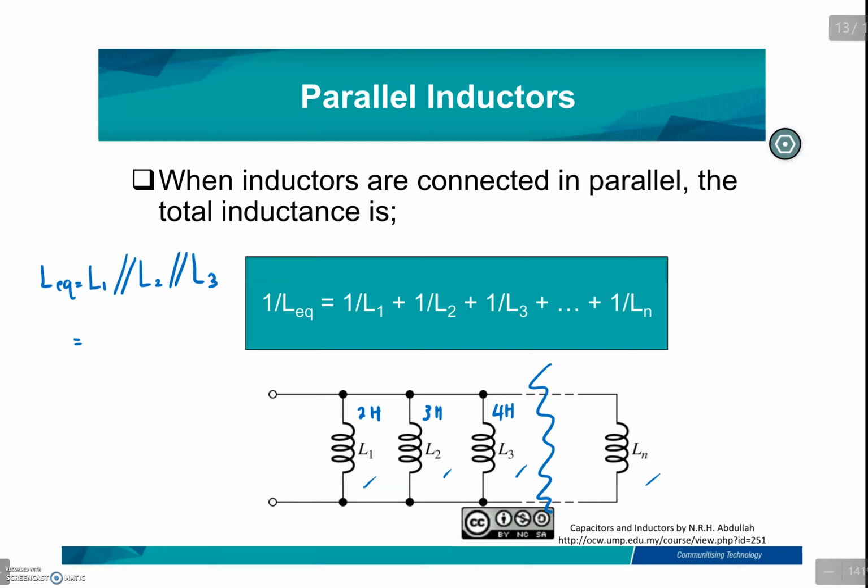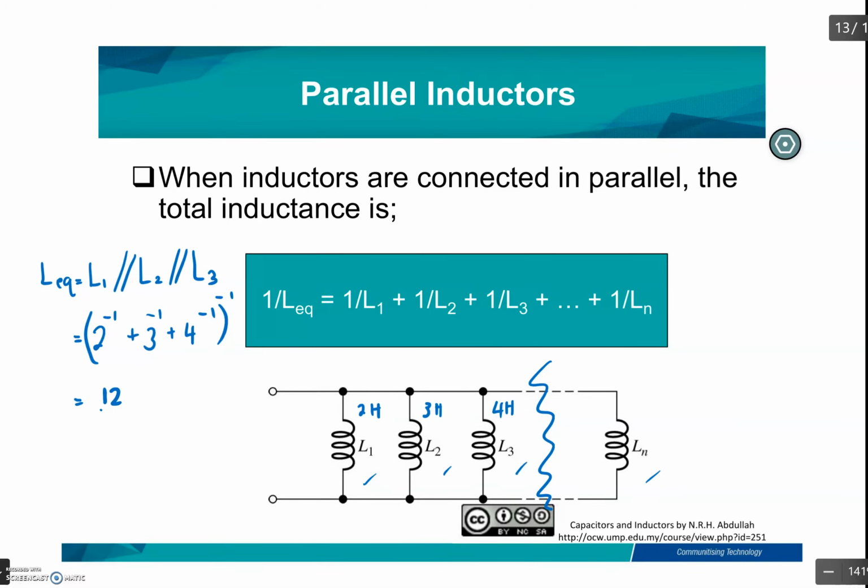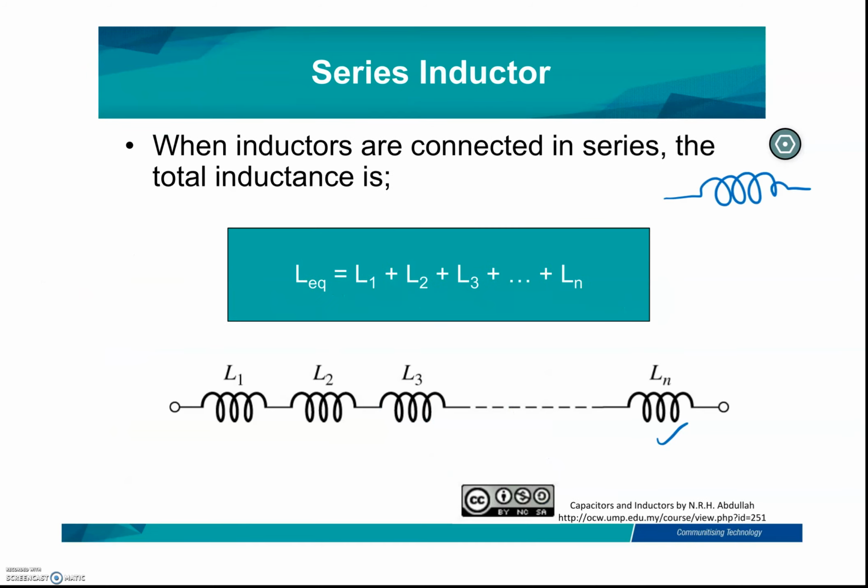Therefore, 2 to the power minus 1 plus 3 to the power minus 1 plus 4 to the power minus 1, and then you have to raise to the power minus 1 again, and the answer will be 12 over 13, which is 0.923 henry.